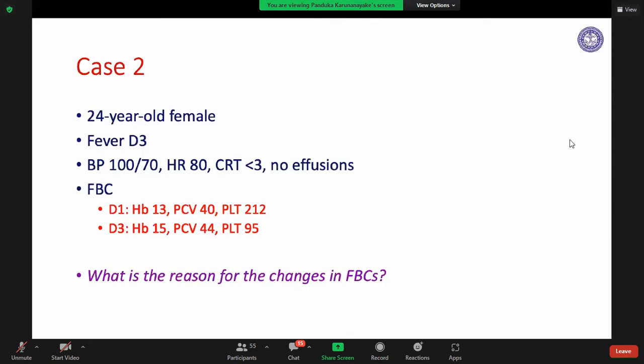Normally, the rise due to dehydration is not so high, maybe from 40 to 42. But anyway, we know for sure there's no leakage in this particular patient because the platelet count is only now dropping below 100. And anyway, we know there are no effusions. So this is basically what happens in the febrile phase.